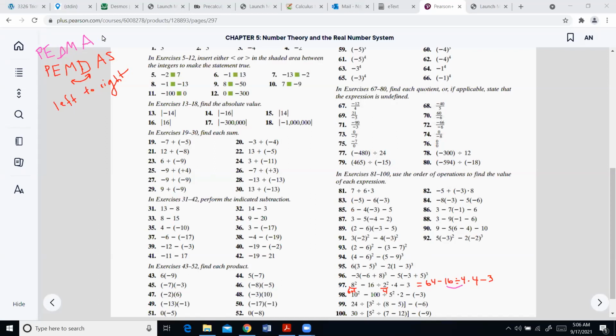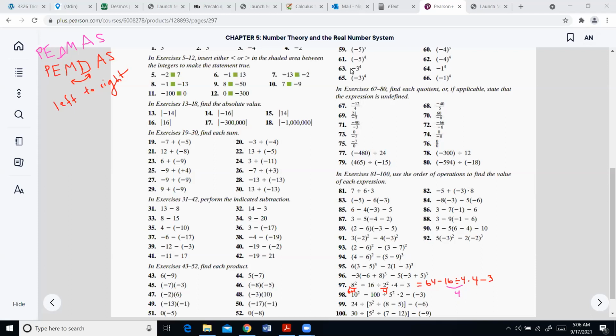In other words, division or multiplication can be put in any order. Whatever is on the left, you do first. Since division is on the left, you do it first. So you're going to have 4 in here.